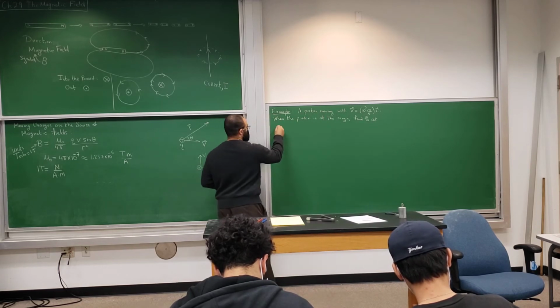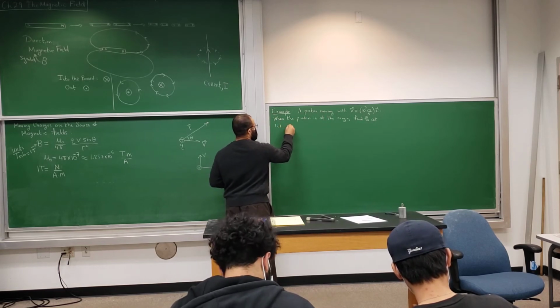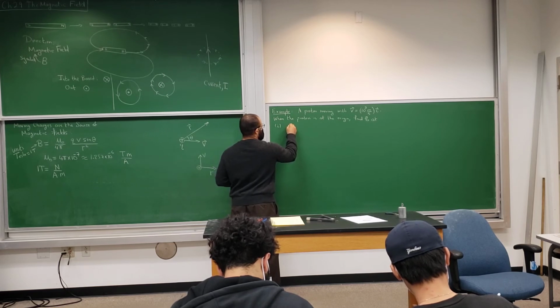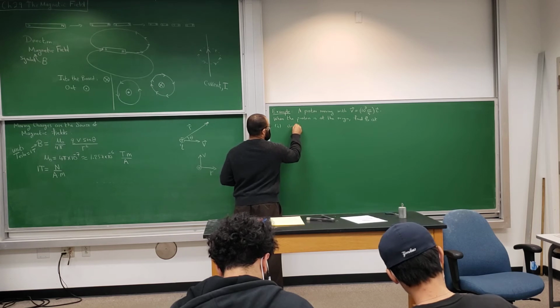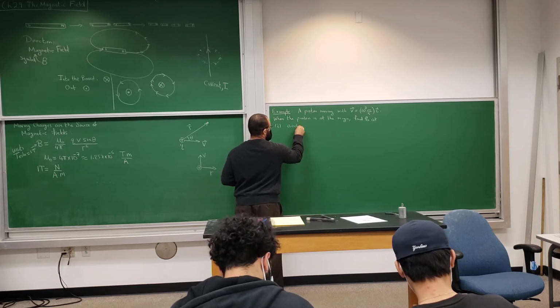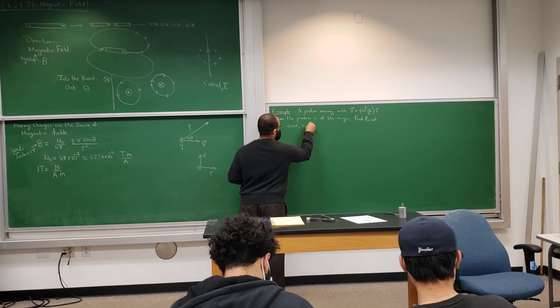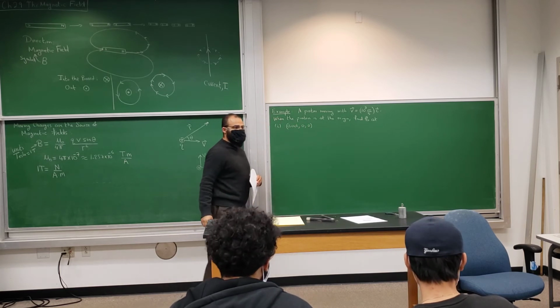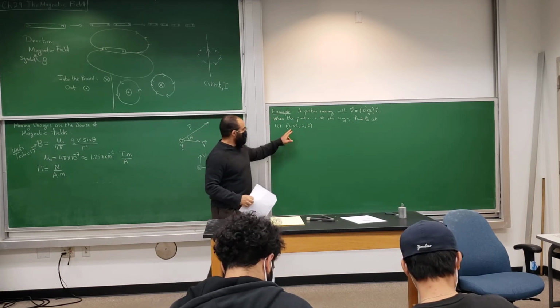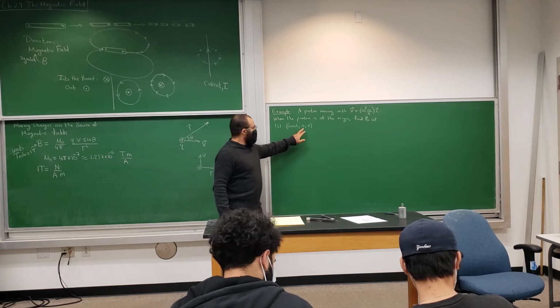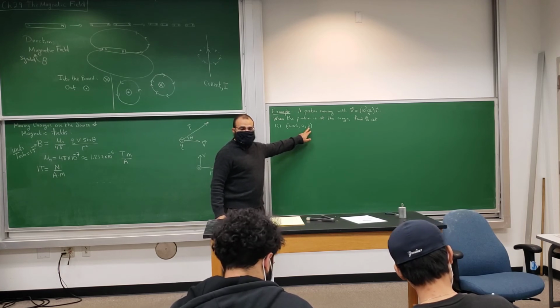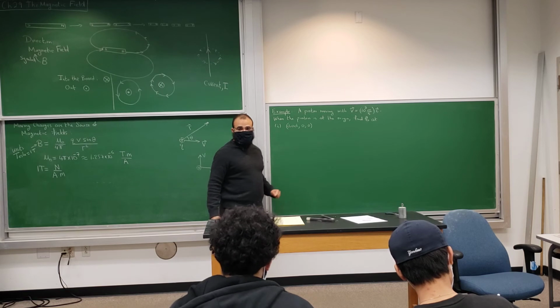Here are the points. Point 1 is 0.001 meters, 0, 0. So x is 1 millimeter basically, y is 0, z is 0.